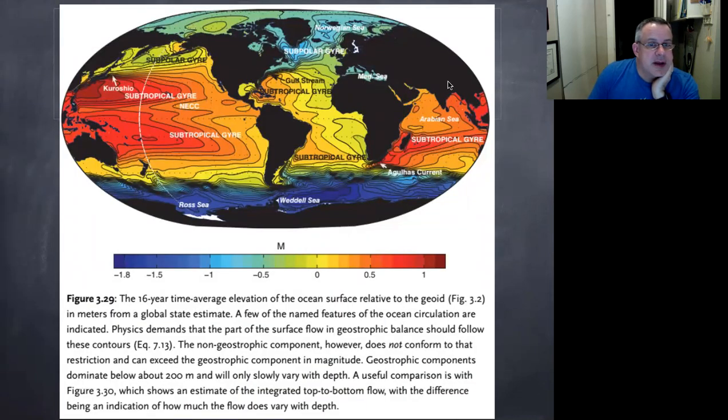I was quickly using these locations of different parts of the world, subtropical gyres and subpolar gyres. We're going to get very, very familiar with this as we go along. But I wanted to point out that the weight of the water above you really appears in the sea surface height in an important way. These red subtropical gyres are high pressure anomalies.